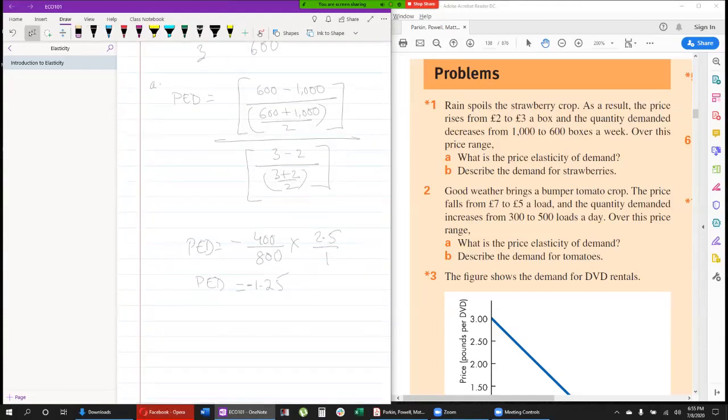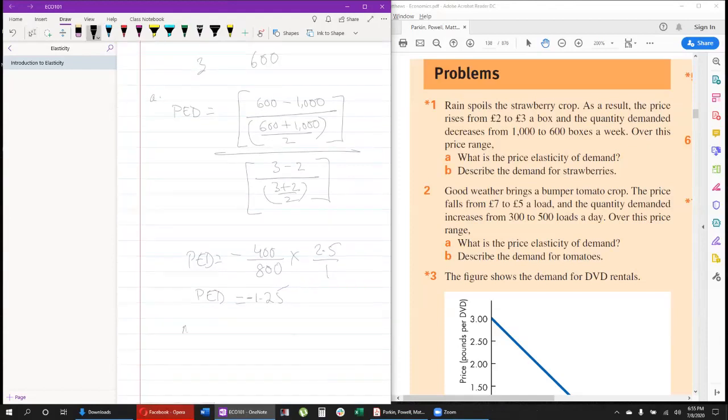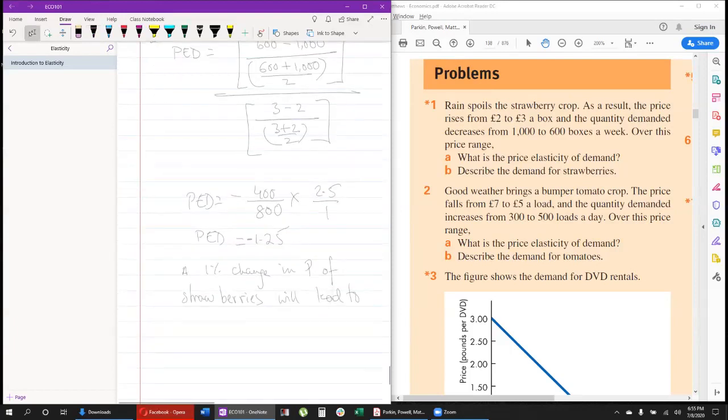The question doesn't ask us to analyze this, but if we were to analyze it, what we would say is that a 1% change in price of strawberries will lead to a 1.2% change in QD of strawberries.